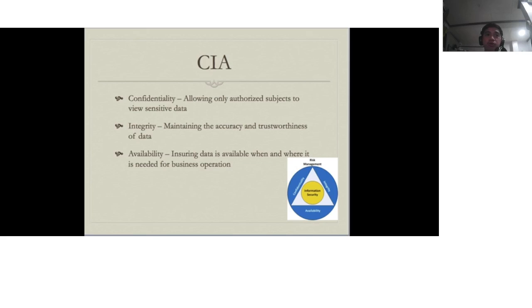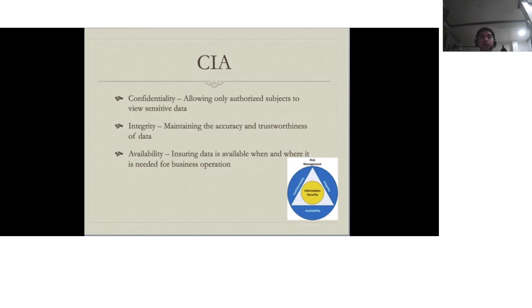Okay, so all of this, the confidentiality, the availability, and the integrity, protecting all of these things is done at a level to manage risk. So in essence, security management is risk management.